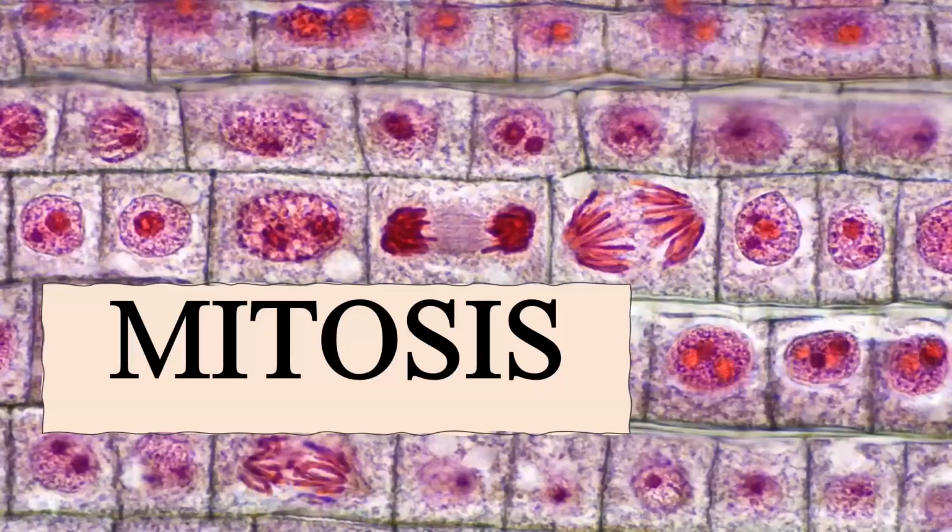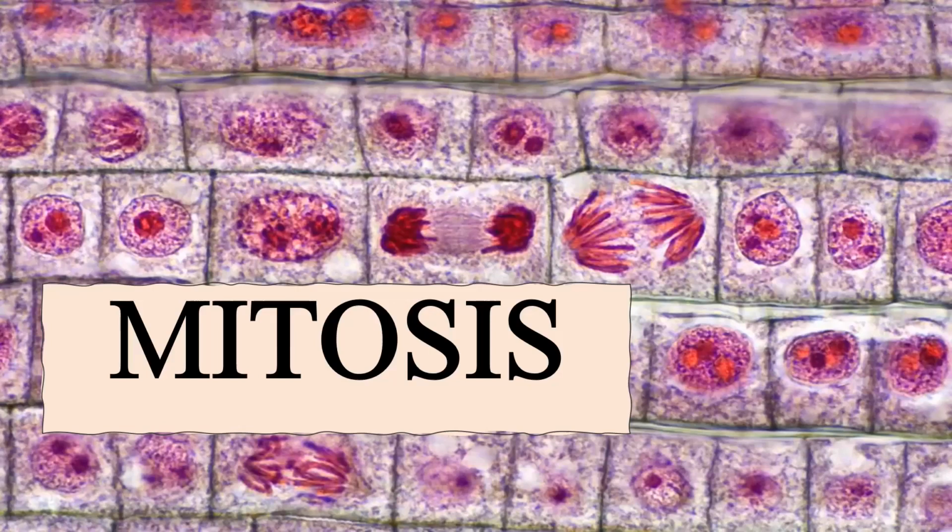So let's begin with identifying mitosis. Remember, mitosis is a form of cell division that results in the production of two genetically identical daughter cells. It is essential for the growth, repair, and maintenance of multicellular organisms. It always occurs in somatic cells, which make up the body of the organism.